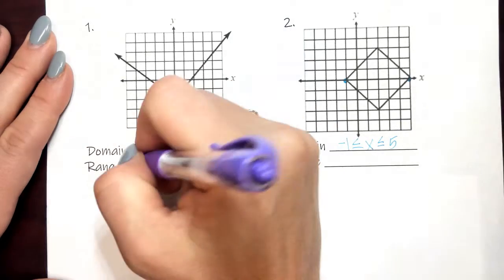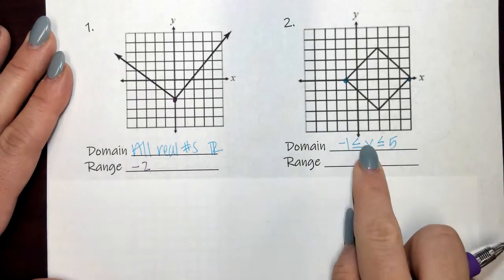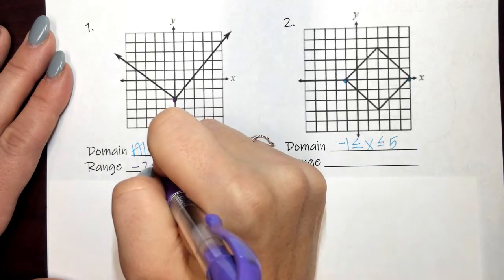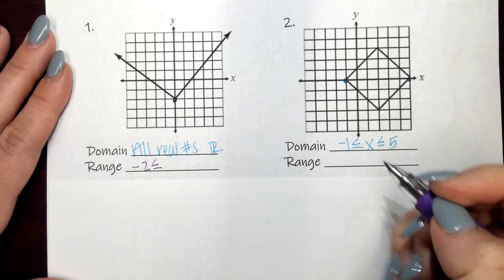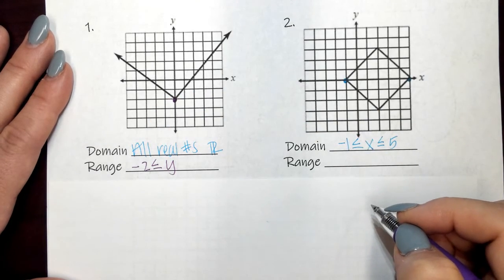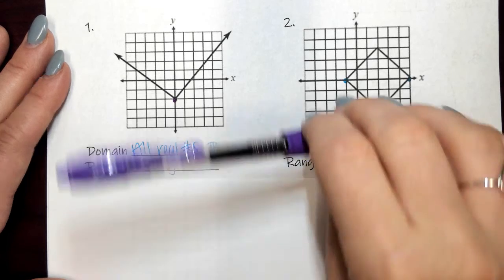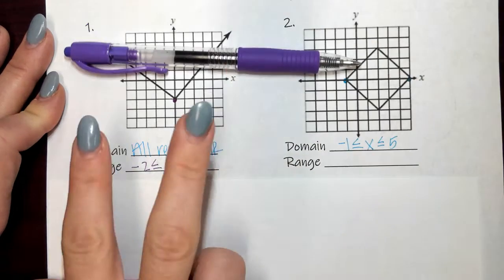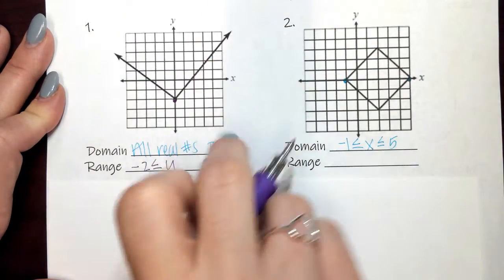1, 2. So we've got negative 2. Remember, if we've got a defined point, we're using our less than or equal to symbols. We're dealing with range, so that is y. And then as we go up, we've got arrows, so it means it's going to continue up forever.